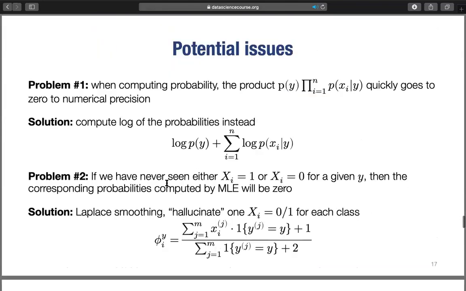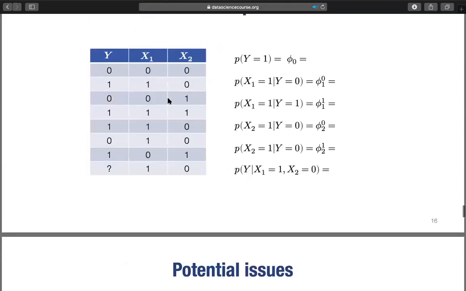The reason why we're able to calculate the value of y is because we have every possible combination of x1 and x2, right? So we have x1 equals 0, x2 equals 0, x1 equals 1, x2 equals 0, x1 equals 0, x2 equals 1, x1 equals 1, x2 equals 1. We have every possible combination in this data set.